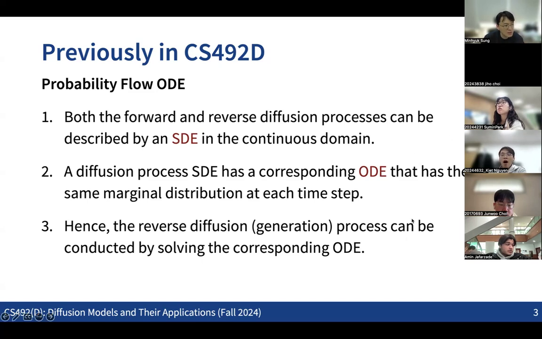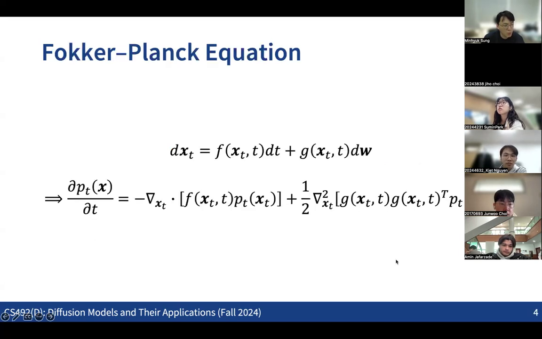We didn't see the details of how to convert a stochastic differential equation into an ordinary differential equation. But the basic idea behind this conversion is based on the Fokker-Planck equation, which describes how we can find an ODE that has the same marginal distribution at each time step t.